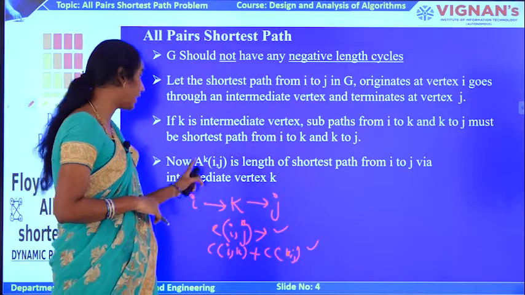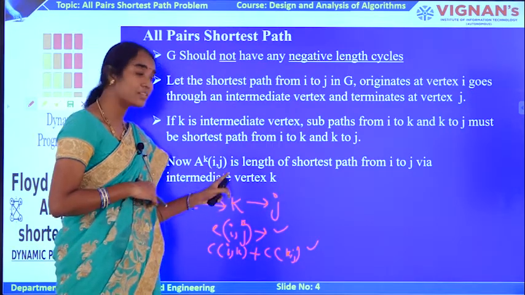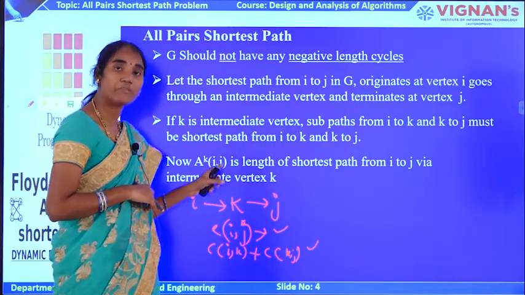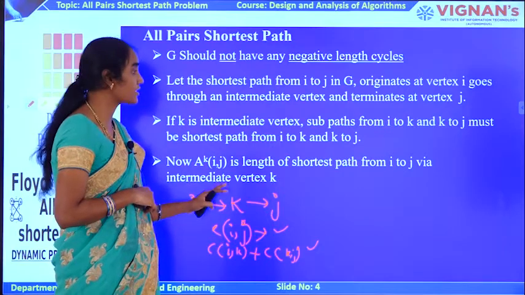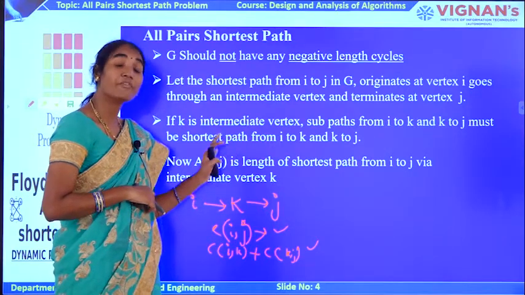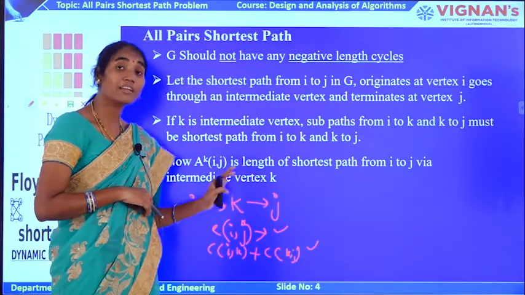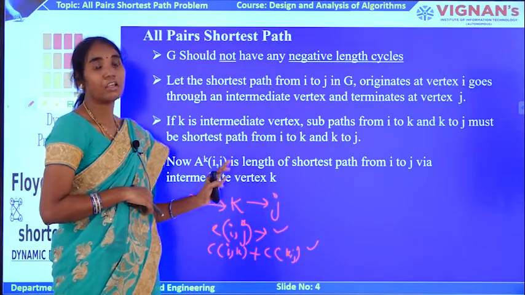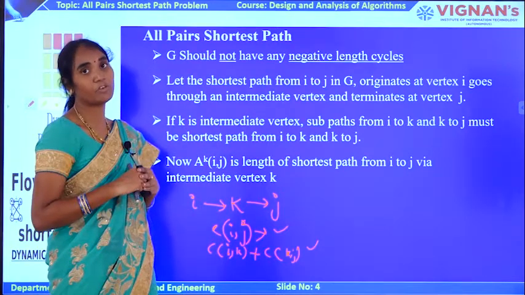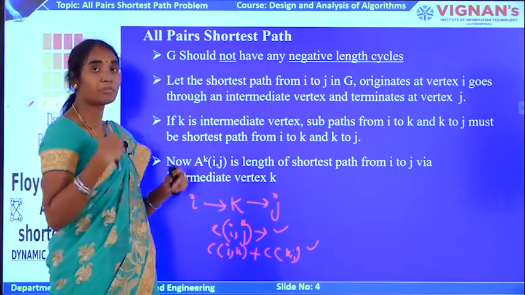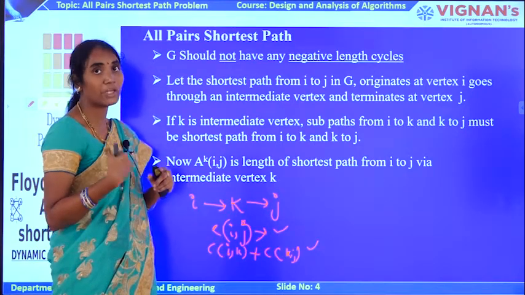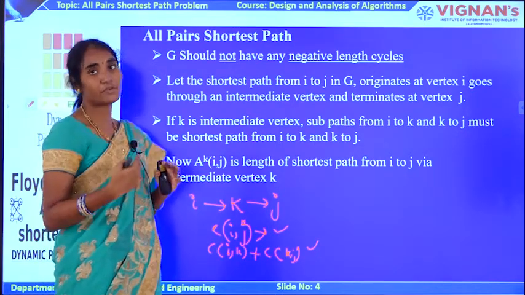So here A^k of ij is what we want to find in each and every step. A^k of ij is the length of the shortest path from i to j via the intermediate vertex k. In each step we want to find this matrix, the shortest distance between pairs of vertices i to j.